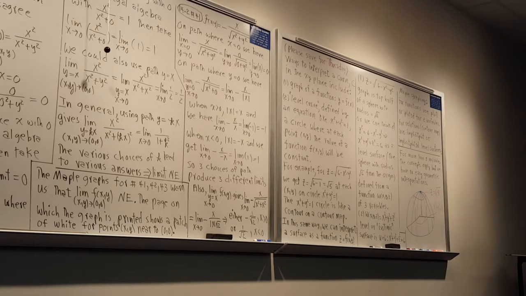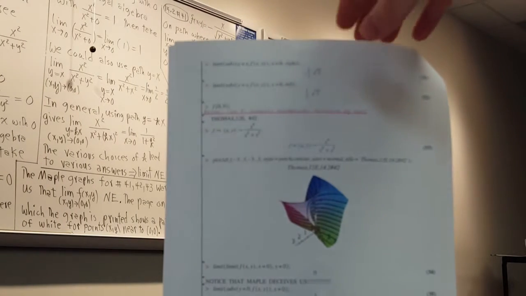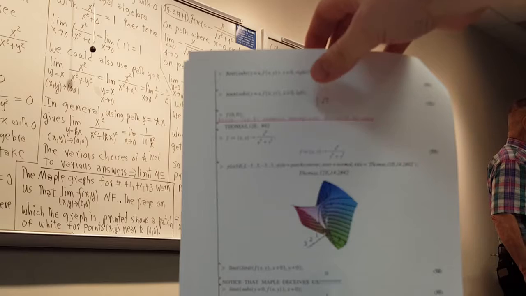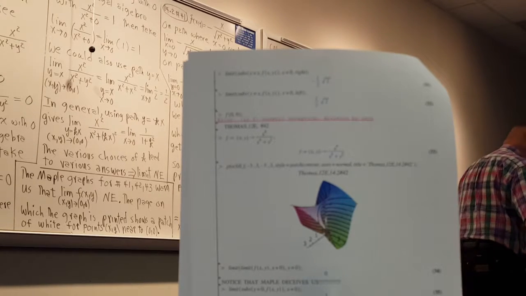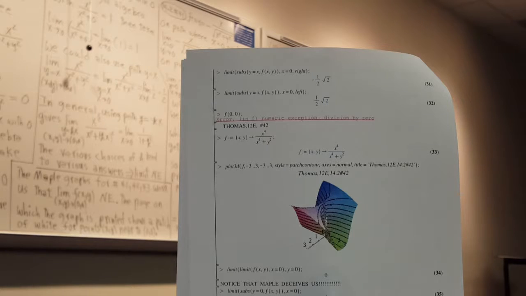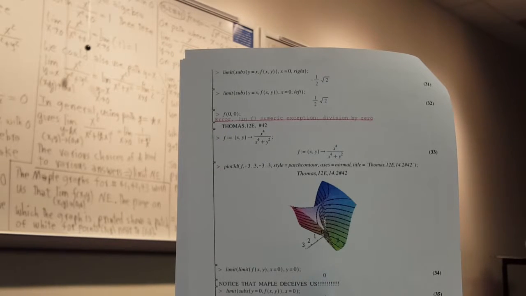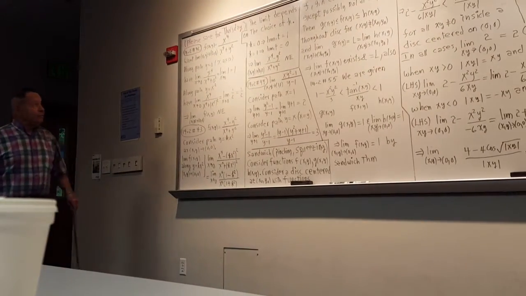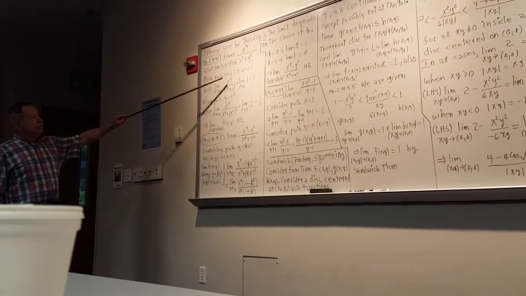If you turn the page, you see that we have the same kind of thing with 42 and 43. Down here, here's 42, and you want the same kind of demonstration.